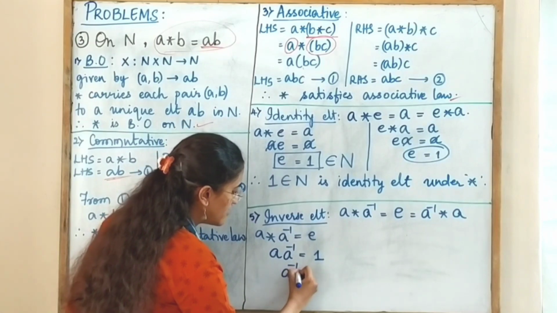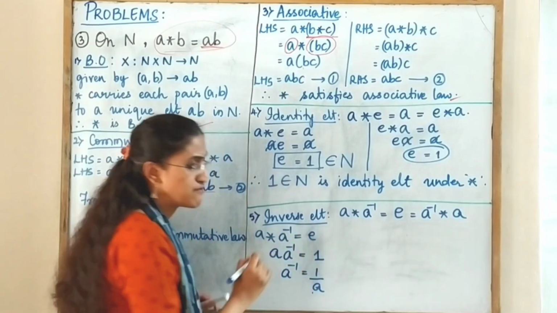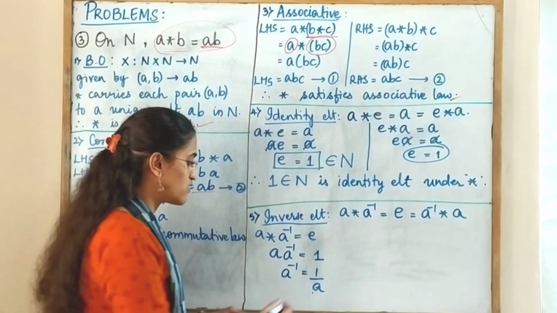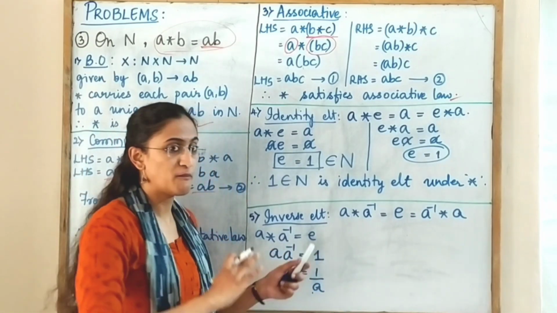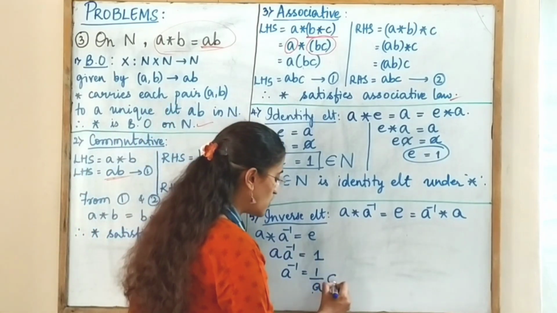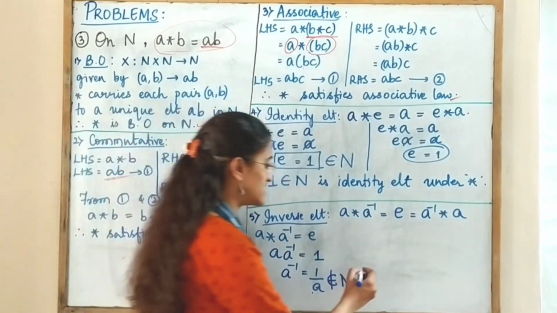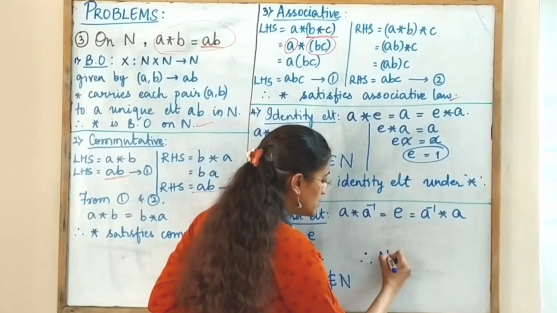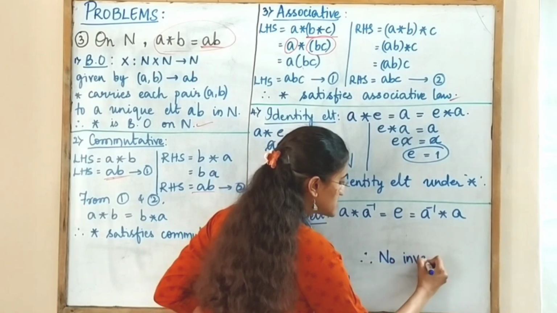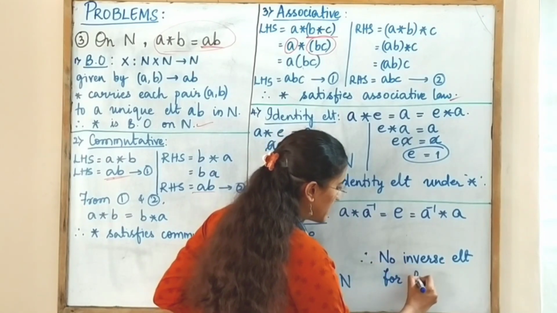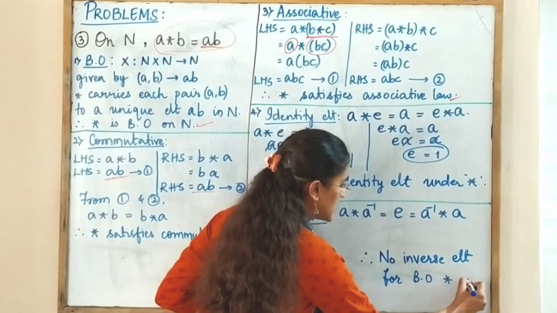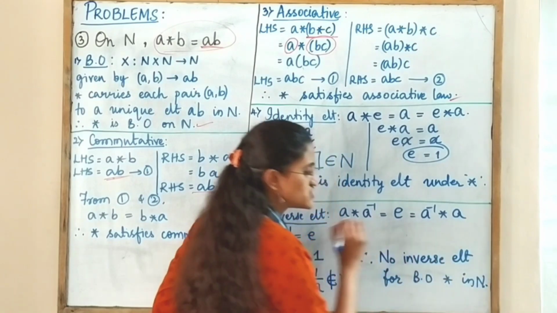Now, A inverse will be equal to 1 by A, but now there's a problem because 1 by A, which is of the form P by Q, is not in the set of natural numbers, and hence you can conclude that there is no inverse element for the binary operation star in the set of all natural numbers.